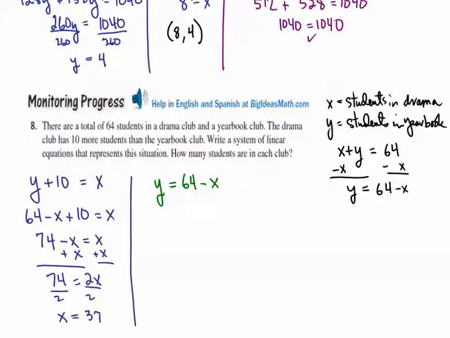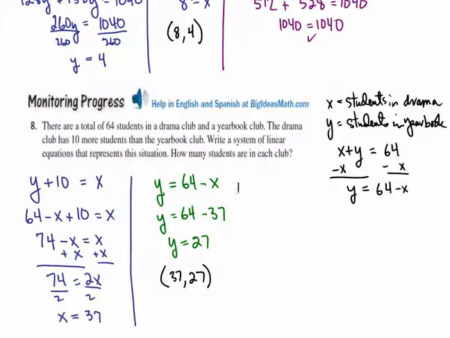They're the same equation, just written slightly differently. So y would then be 64 minus 37, and 64 minus 37 would be 27. And so if I am correct, then my solution should be x is 37, y is 27.